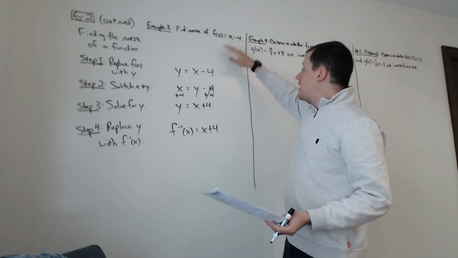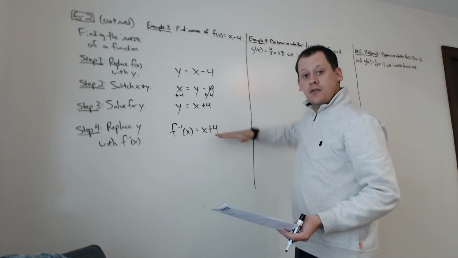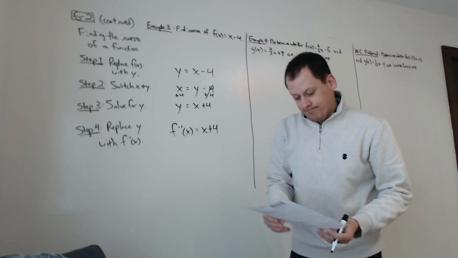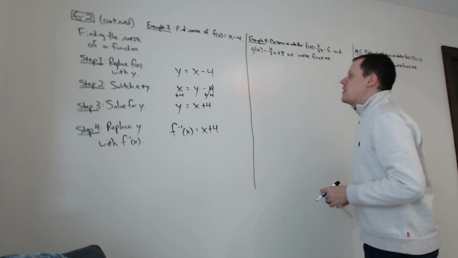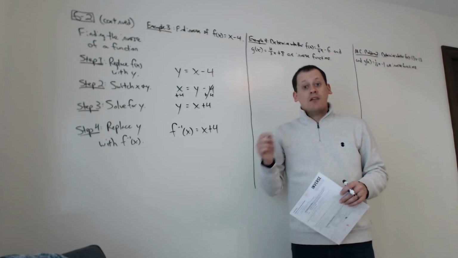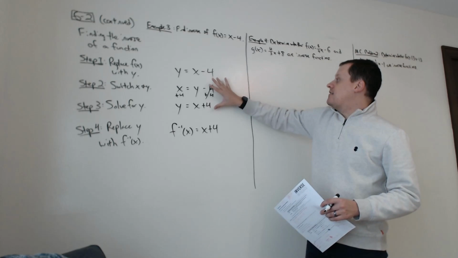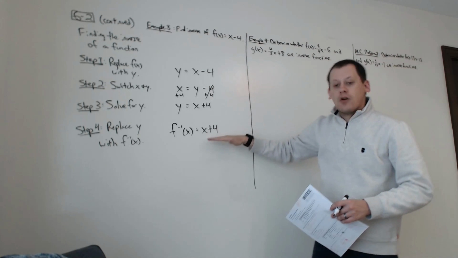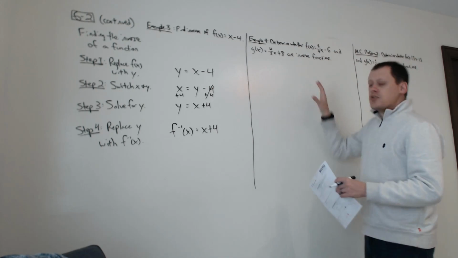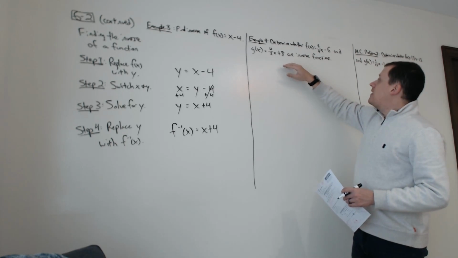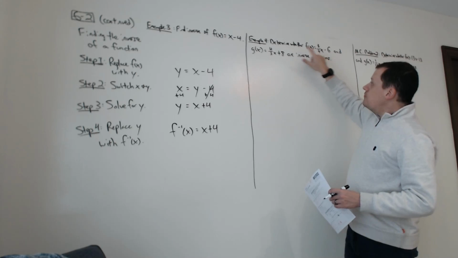So if you can understand how we went through the 4 steps here, then that problem should not be all that terrible for you. Alright, so we've talked about how to find the inverse of a set of ordered pairs. We just flip the coordinates. We talked about how to find the inverse of a function like this. We go through our 4 steps. There's only one other type of problem in this section, and that type of problem is where you have 2 functions.